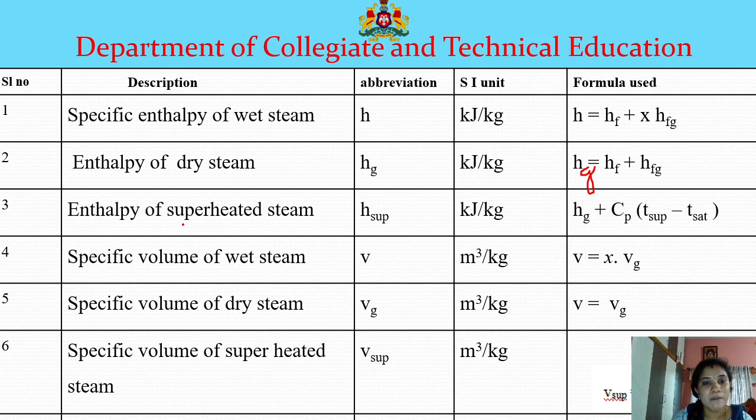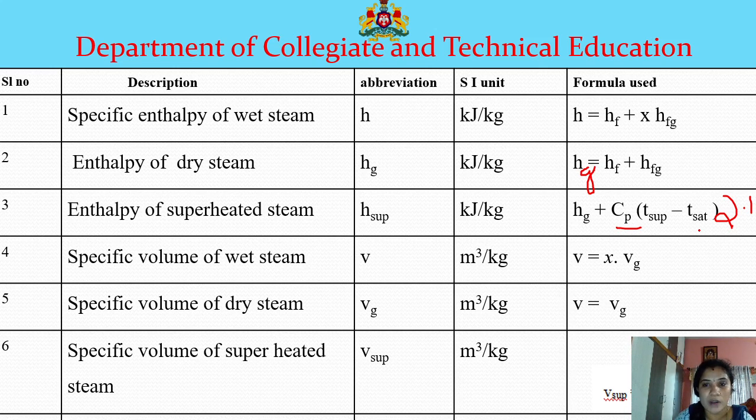And this enthalpy of superheated steam, it will be denoted by H superheated, that will be given by Hg plus Cp, where Cp indicates the specific heat of steam, not the water. What is the value of specific heat of steam? It is 2.1 kilojoules per kg Kelvin into T superheated minus T saturated.